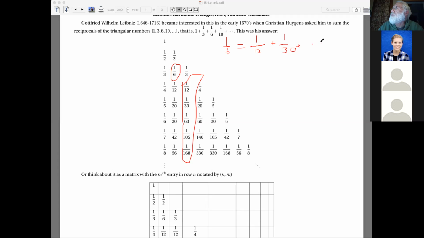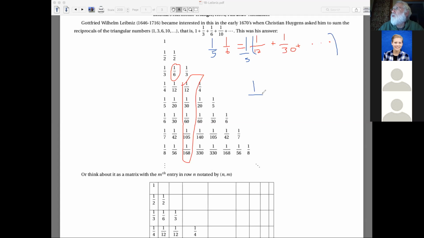Now, what do I need to multiply 1/6 by to get 1/30? 1/5. Yeah. So I do that to the whole series.